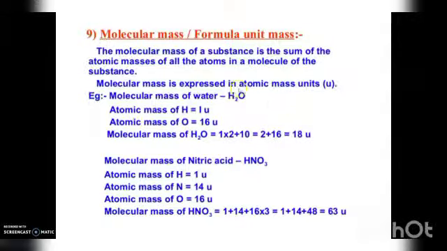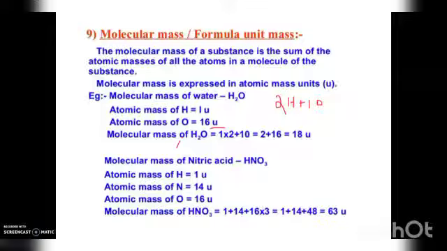For example, if we take the H2O molecule, it is made up of hydrogen and oxygen. So it is made up of 2 hydrogen atoms and 1 oxygen atom. As we check here, the atomic mass of hydrogen is 1 unified mass and the atomic mass of oxygen is 16 unified mass.